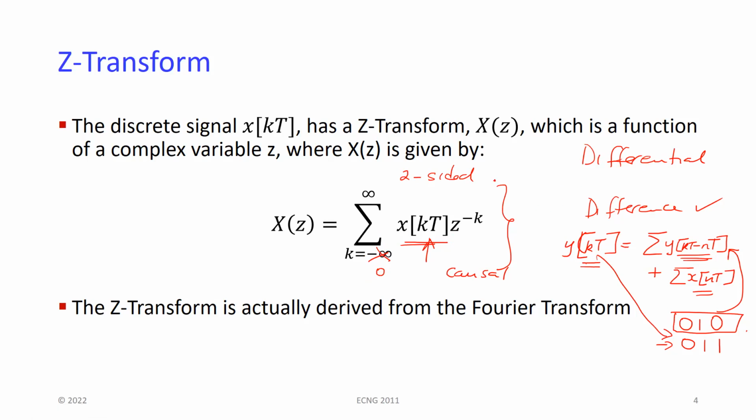If I were to expand the one-sided Z transform, all this is a sum. So it is X0 times Z to the 0, or minus 0, however you want to put it, plus X1 Z minus 1 plus X2 Z minus 2 and so on. It is a power series in Z to the minus K.